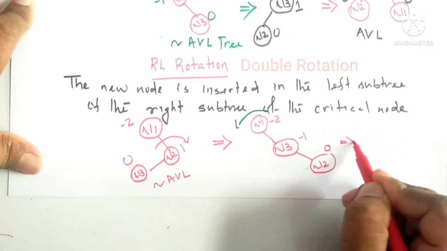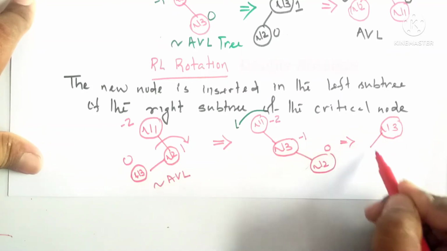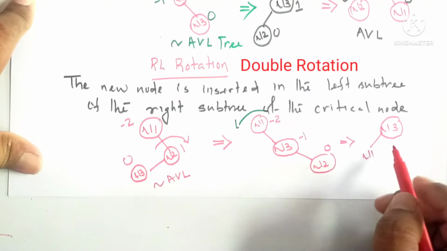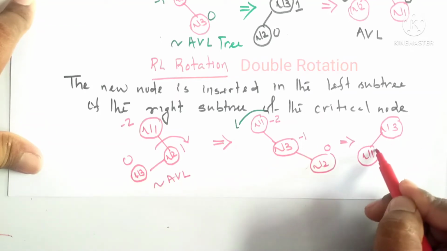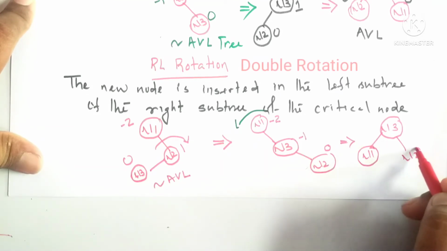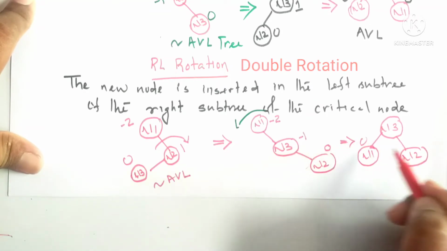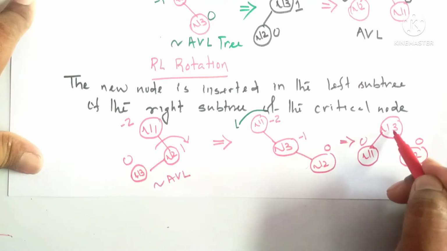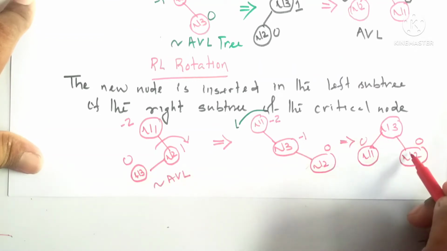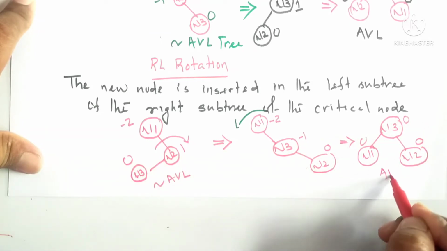N3 will come to here, N1 goes to here, and N2 moves to the place of your N3. Now it is a height balance tree or AVL tree because the height of N1 is 0, height of N2 is 0, height of N3 is left subtree height is 1, right subtree height is also 1. So 1 minus 1 becomes 0. So now it is an AVL tree.